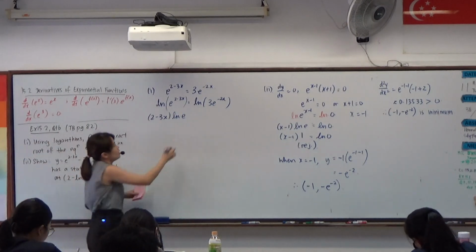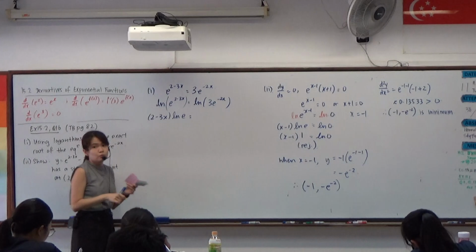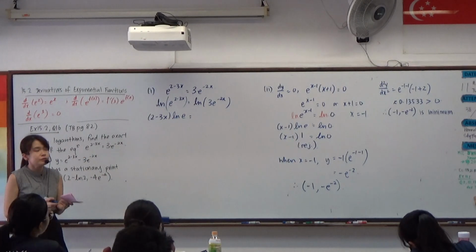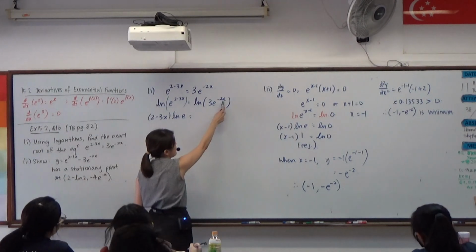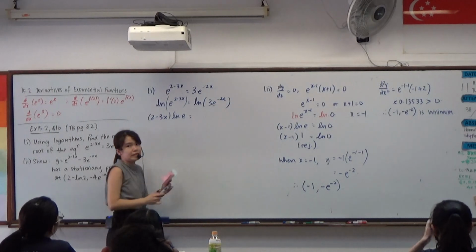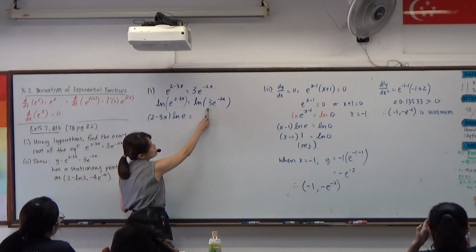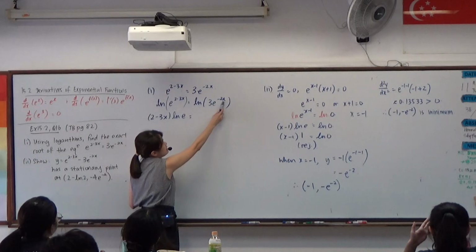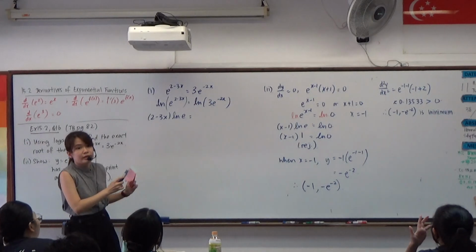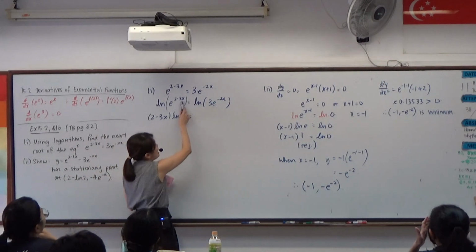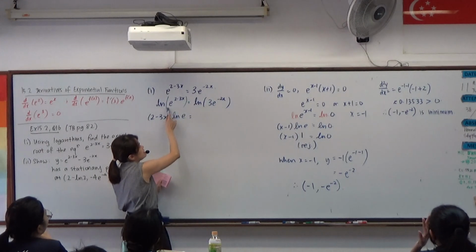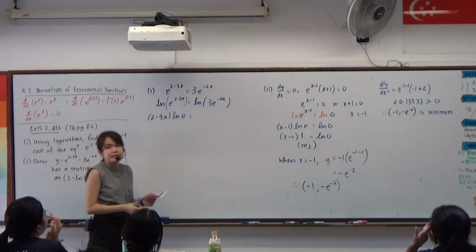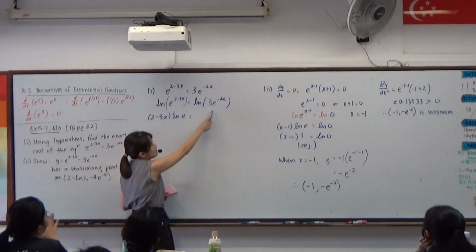Whereas for the one on the right, I want us to be careful to realize that the power negative 2x only belongs to the e, it doesn't belong to the 3. So therefore I cannot bring this negative 2x down, because I can only bring down the power if that power itself is for everything in that function. So what do I have to do with this?